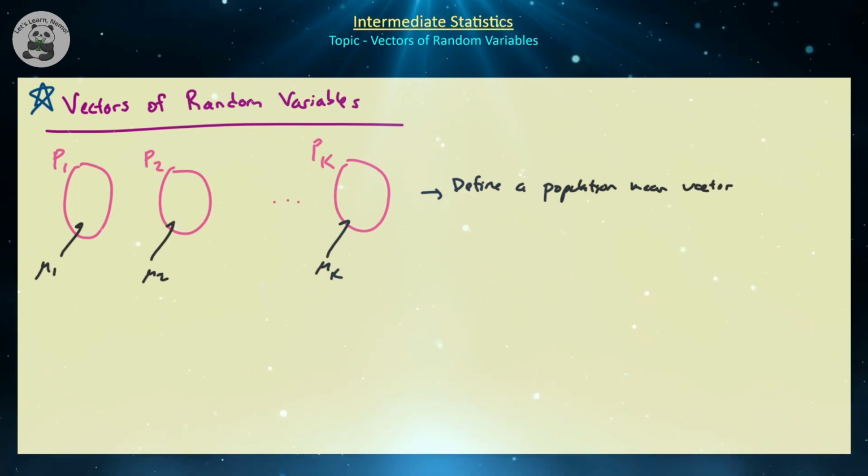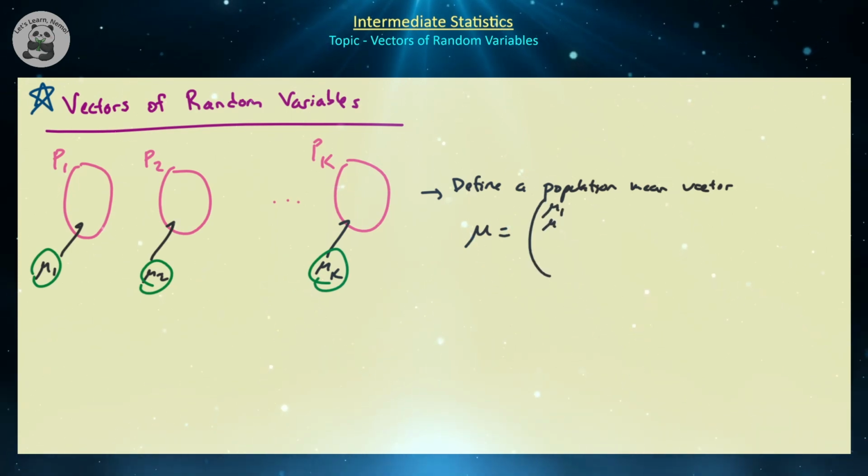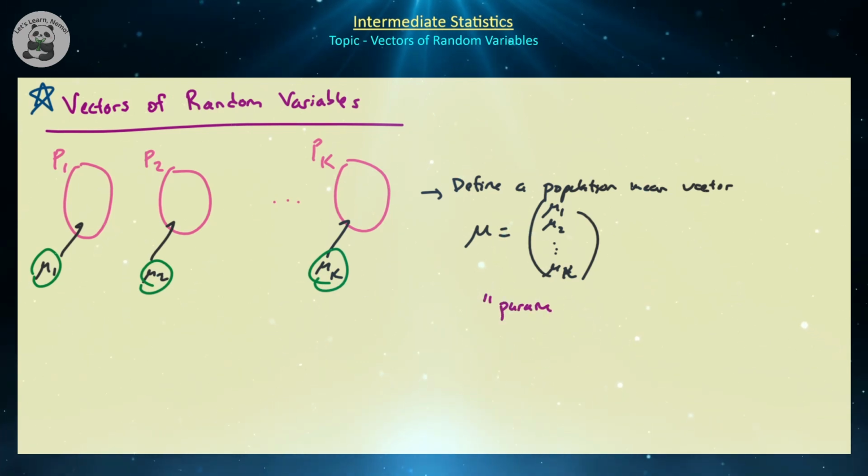So instead of analyzing mu1, mu2, down to mu k, we're going to create a vector which we'll represent by mu, equal to a vector with all the means in it: mu1, mu2, all the way down to mu k. It's a population mean vector, or some people will call it a parameter vector.